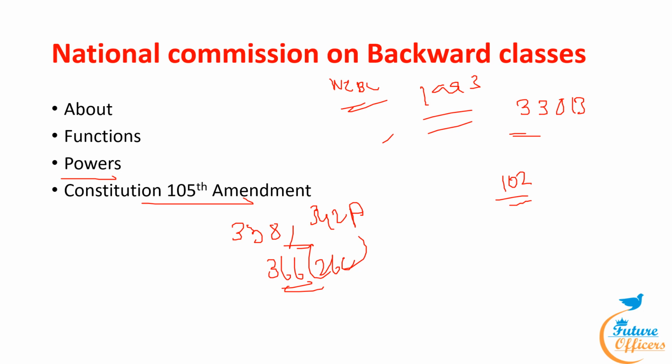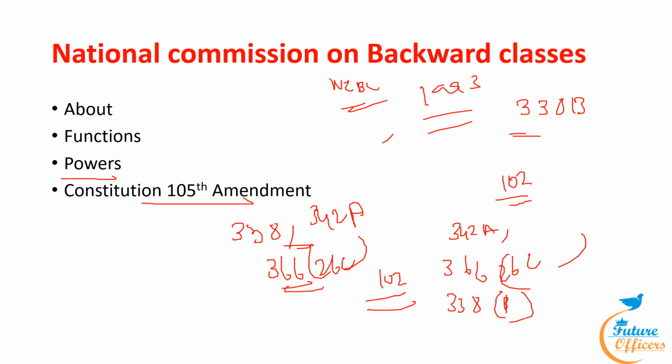Also, the Constitution 102nd Amendment inserted 3 new articles, that is 342A, 366(26)(c) and 338B in the Constitution. So 338B constituted the National Commission for Backward Classes.